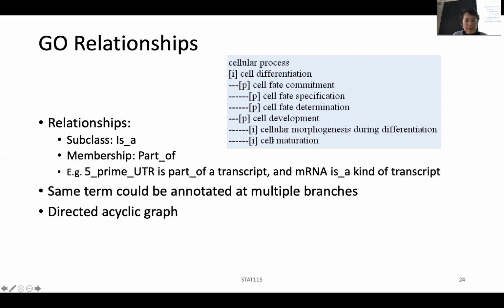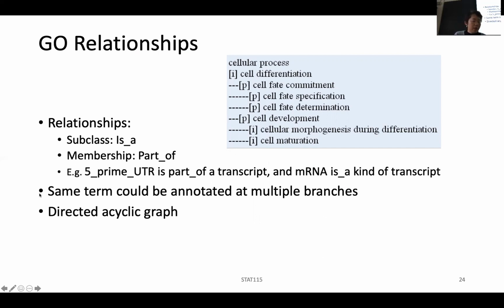So for example, cellular morphogenesis during differentiation is a more specific kind of cell development, whereas cell development is part of cell differentiation. Yeah, so basically it denotes the relationship.